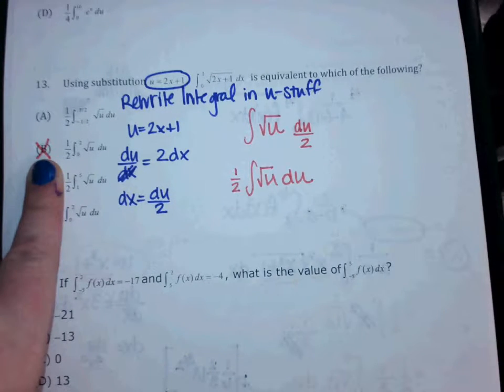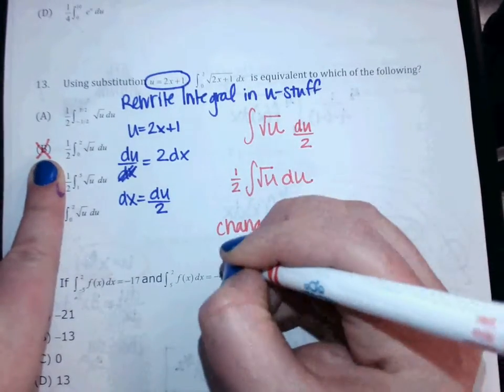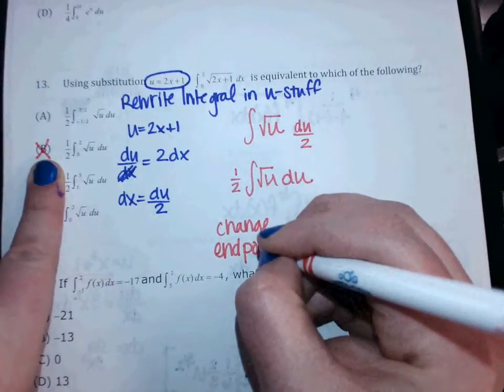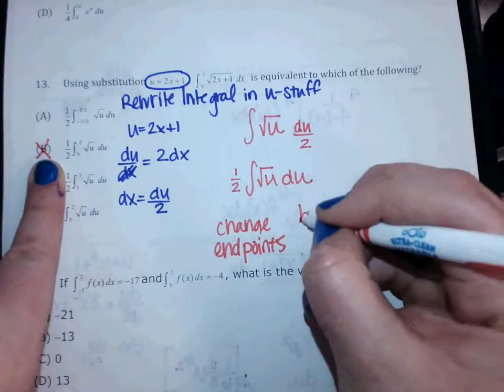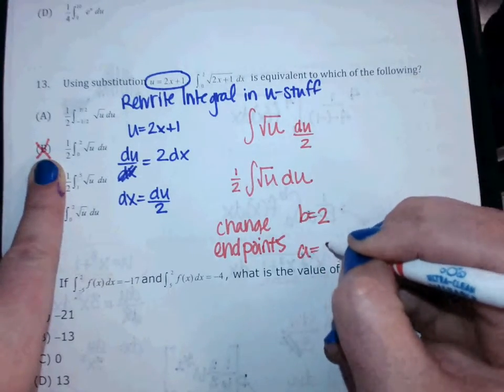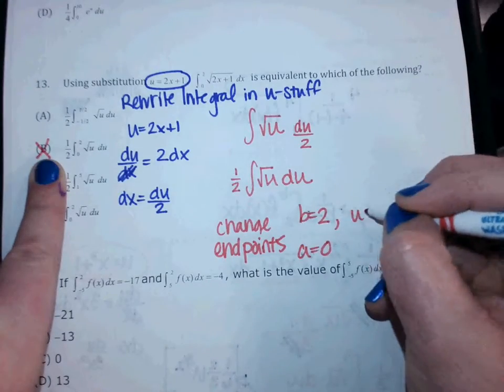Do you remember that from yesterday? Okay, so if my upper endpoint, I'm going to put down here, change endpoints. Okay, my b was originally a 2. My a was originally a 0. So I'm going to plug both of those into my u.